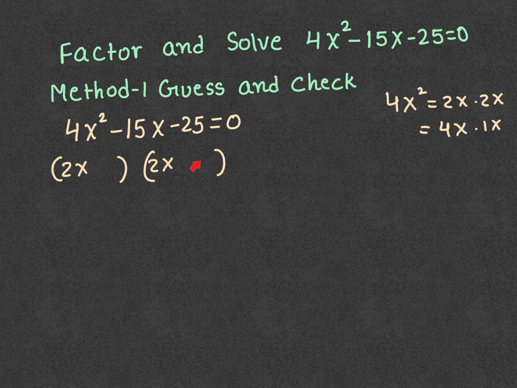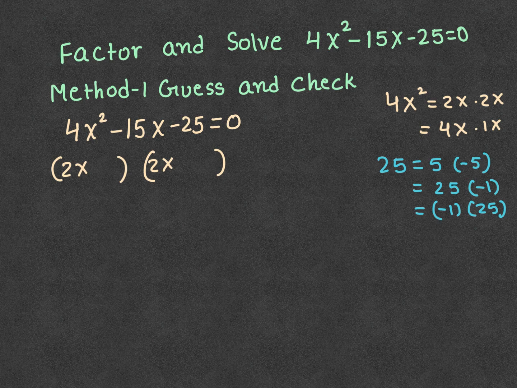And for these two, we have factors for negative 25 as 5 times negative 5, or 25 times negative 1, or negative 1 times 25.